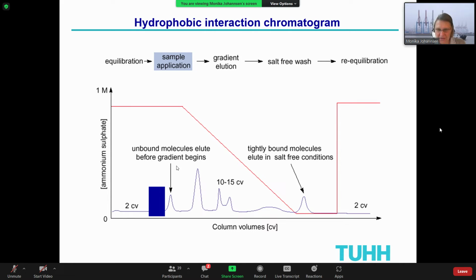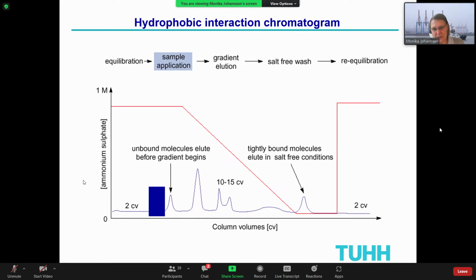And then, as is usually the case, first everything unbound will elute, and then we will start the gradient with decreasing salt concentration in the mobile phase, and by that we could separate and fractionate some components, and at the end, at salt-free concentration, we will be able to elute everything which was tightly bound to the resin.